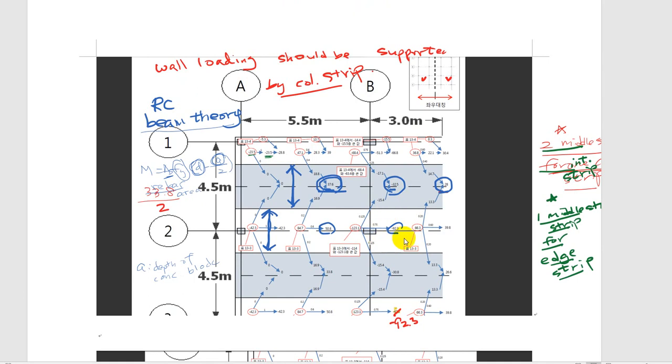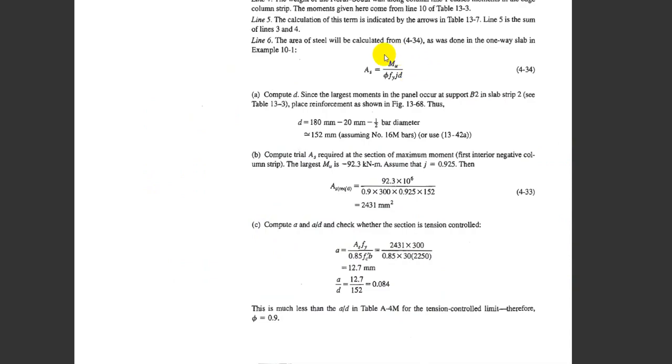If you want to design for minus 92.3 in the particular slab here, which is a column strip, you can use this simplified equation for beams. Here, Mu is the factored moment, so you're going to use 92.3 right there.